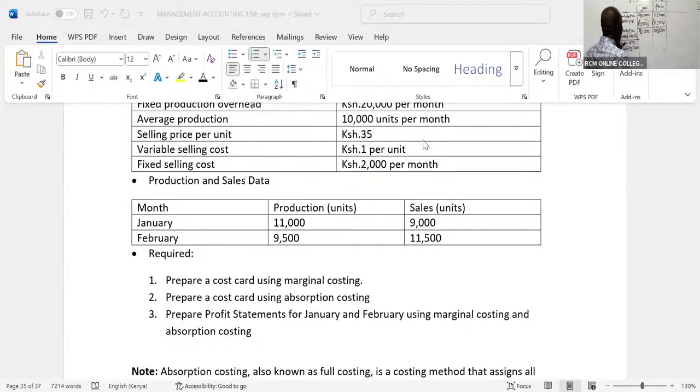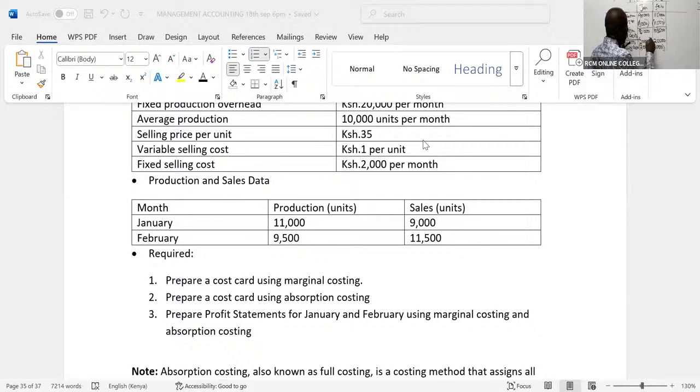So for January, it'll be 20,000. How about the month of February? The same, because that 20,000 is per month. And then we have the fixed selling cost. Are you able to see the fixed selling cost of 2,000 per month as well? 2,000 per month.